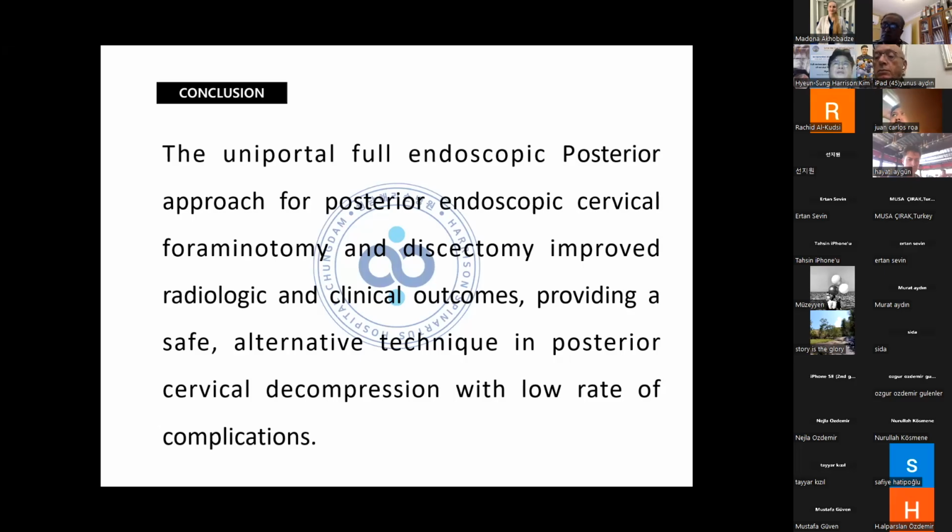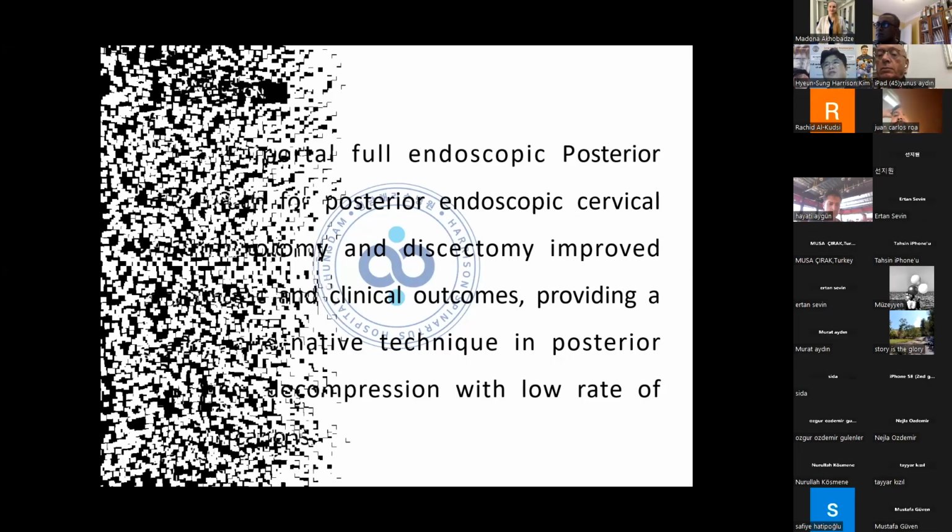That will overcome this cervical thoracic pathology, together with endoscopic lumbar interbody fusion. After then, the generation changed from open surgery to endoscopic spine surgery. Thank you for your kind attention.